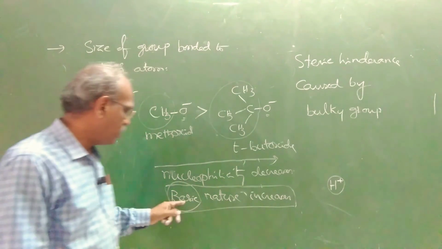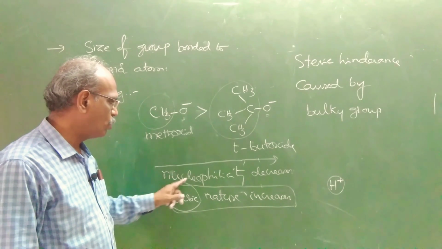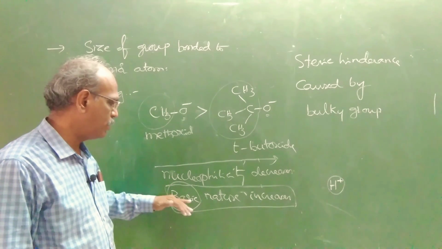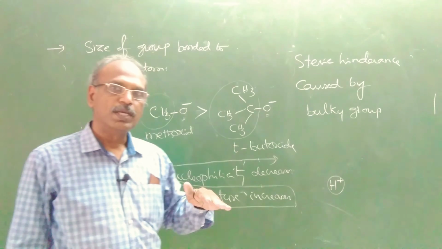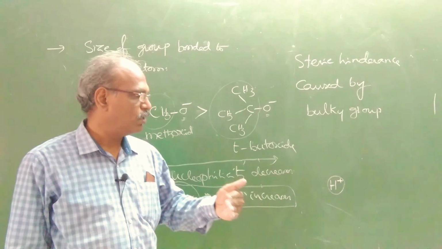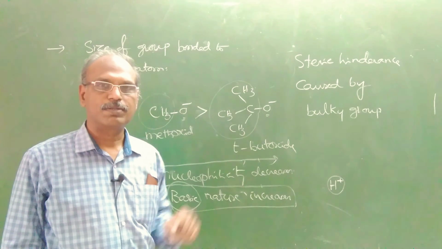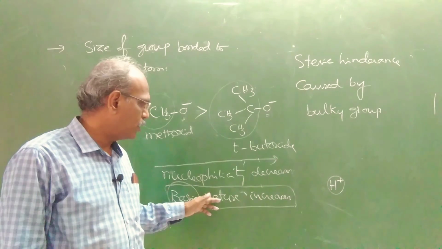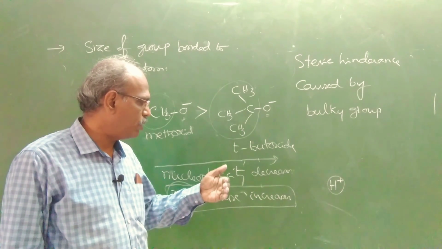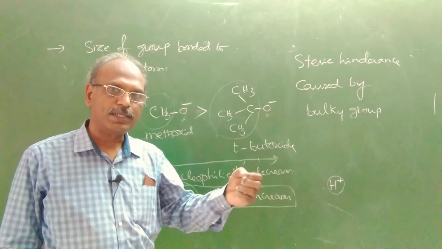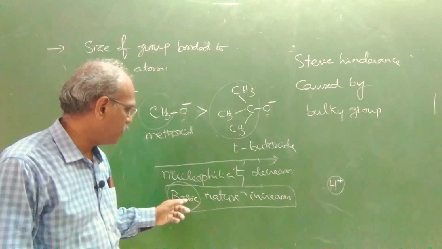So what is the difference between nucleophilicity and basicity? Basicity is defined as the ability of a species to give up an electron pair to H plus, or the capability of a species to attract H plus. That is basic nature.